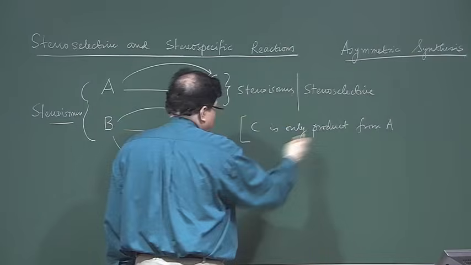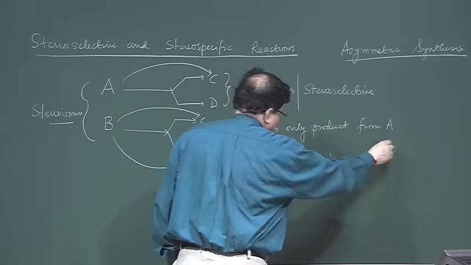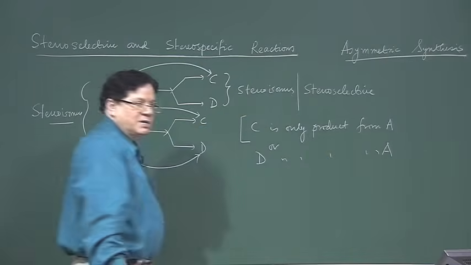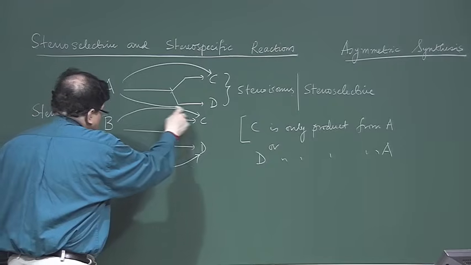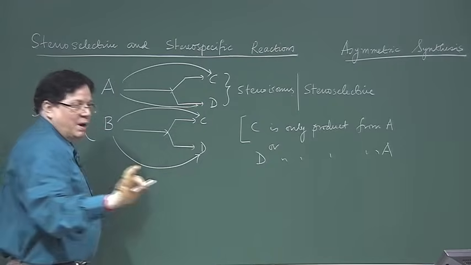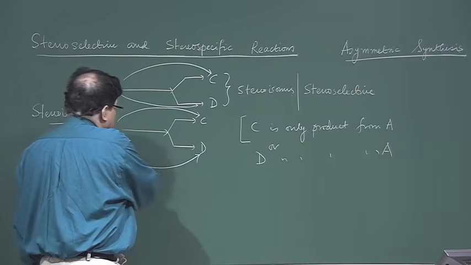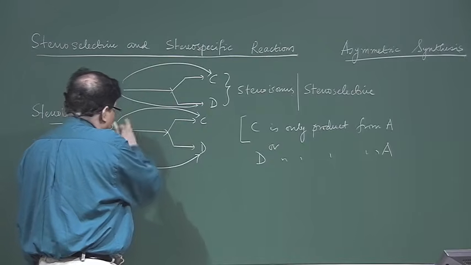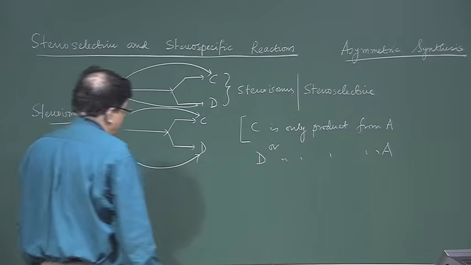So, it could be C is the only product or D is the only product, both are possible, but in both the cases the reaction is stereoselective. Similarly, if B gives C or B gives D, only one, not both, then the reaction is also individually stereoselective with respect to B, that means B is undergoing a stereoselective reaction. Okay. So, I hope this is clear.